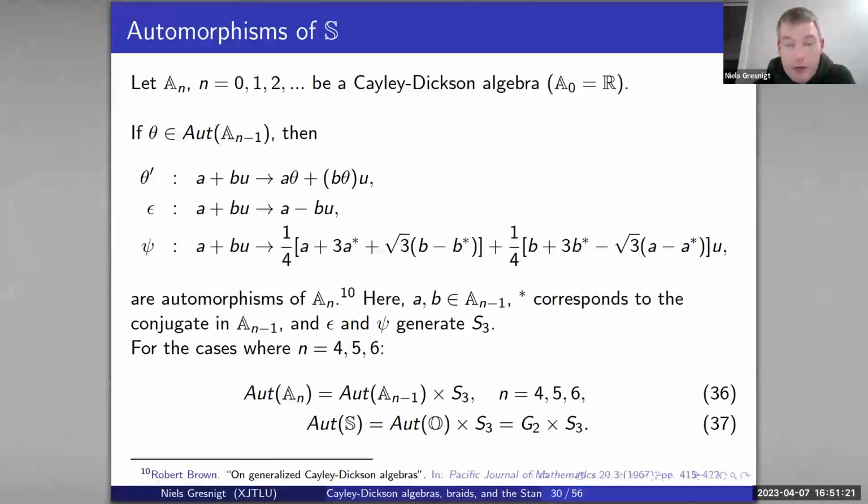One reason I thought the Sedenions are a good idea, but going beyond them might not be, is that for at least the next two steps in the Cayley-Dickson process, the automorphisms don't give you anything new. You only pick up additional factors of S3. There might be some benefit to having one factor of S3, but having two or three is probably a bit unnecessary. So I think the Sedenions provide a nice cutoff.